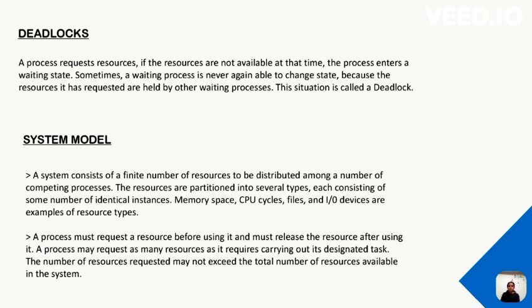A process must request a resource before using it and must release the resource after using it. A process may request as many resources as it requires to carry out its designated task. The number of resources requested may not exceed the total number of resources available in the system.